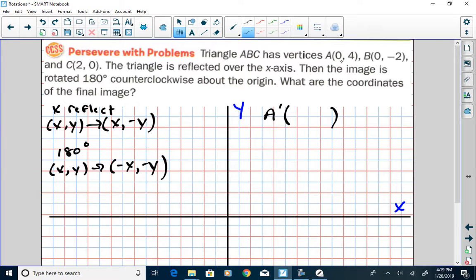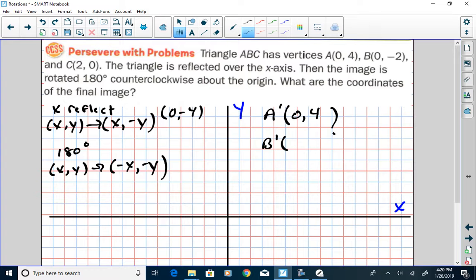First rule, 0, 4: x, opposite y would be 0, negative 4. But then I need opposite x, opposite y, so 0, negative 4 would be 0, 4. Let's double check that. The opposite of that and the opposite of that, so that would be correct for our image.